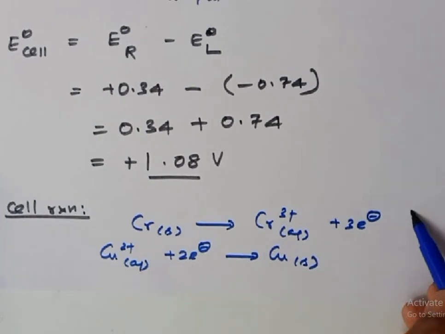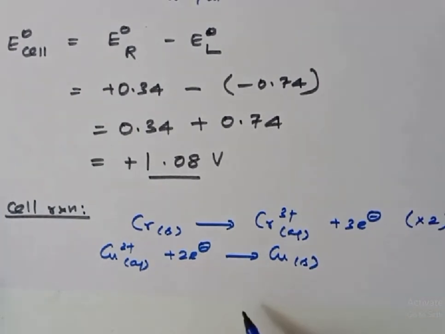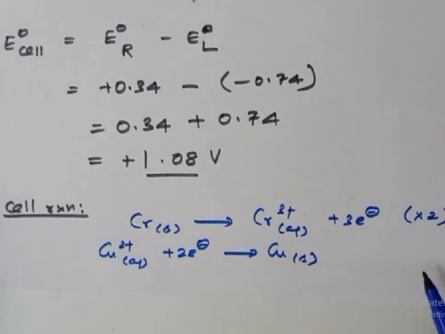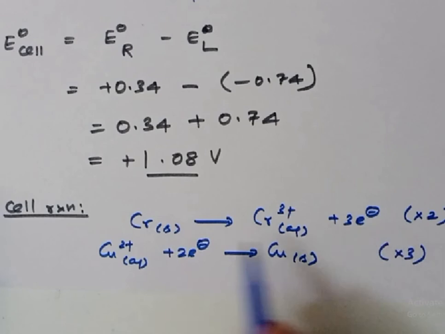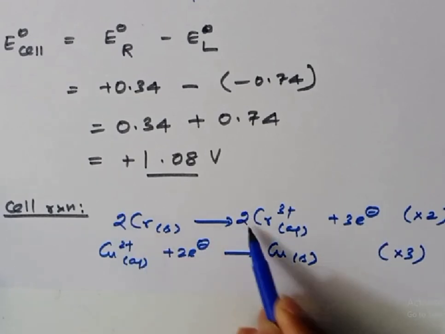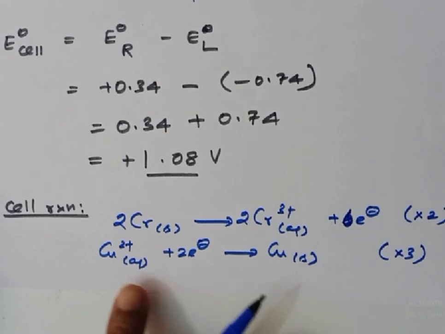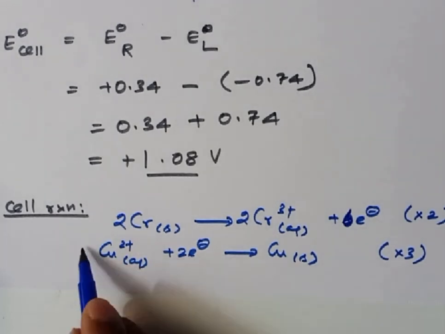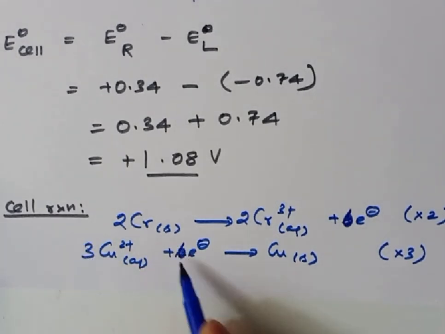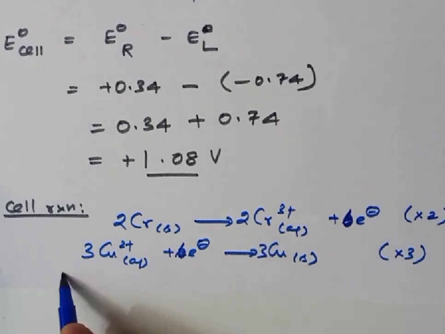So I'm going to multiply throughout this by 2, and I'm going to multiply throughout this reaction by 3. If I multiply by 2, I'll get 2 here, and 2 into 3, it becomes 6. Similarly, if I multiply this throughout by 3, I'll get 3 here, 3 into 2, 6, and 3 here. Now I'll sum up.